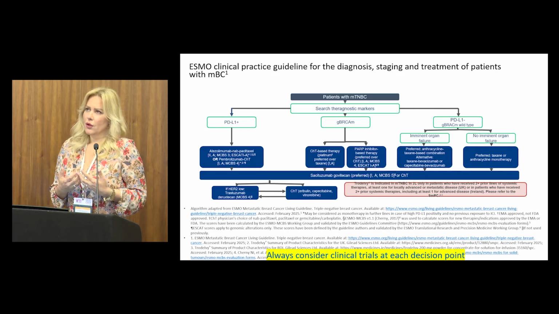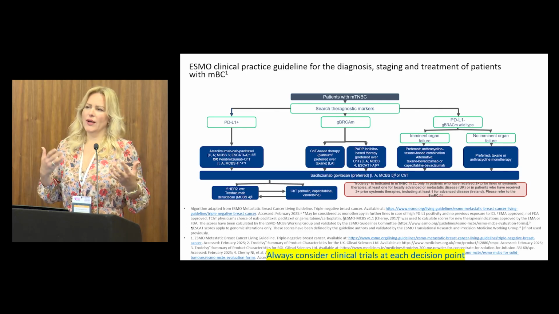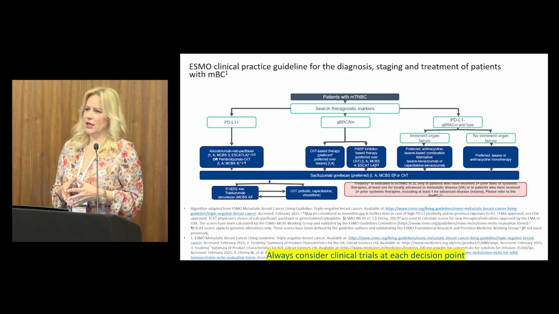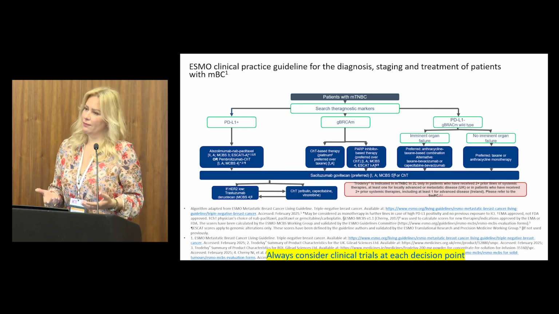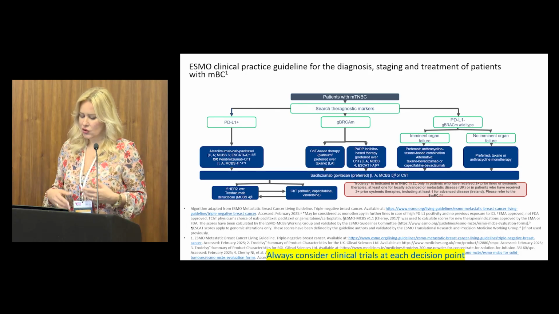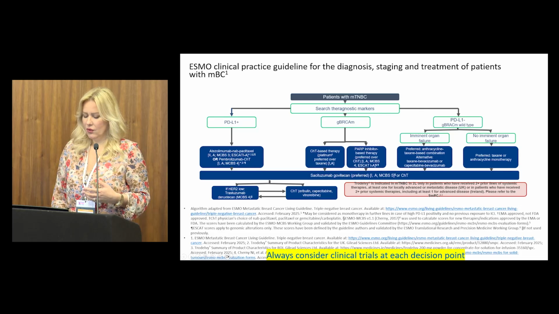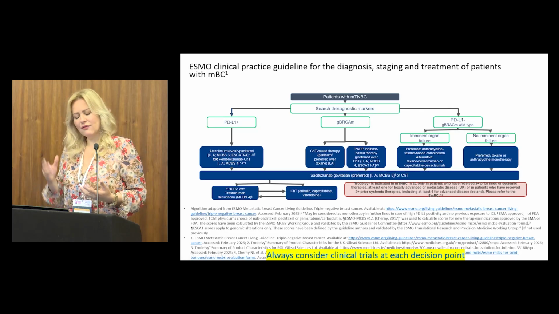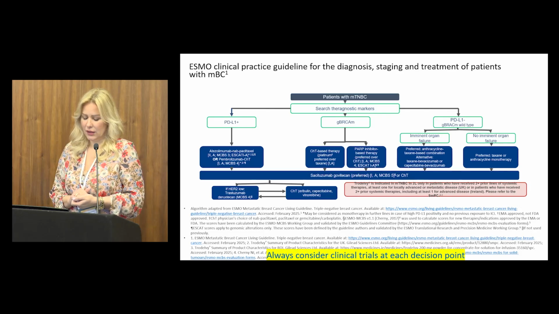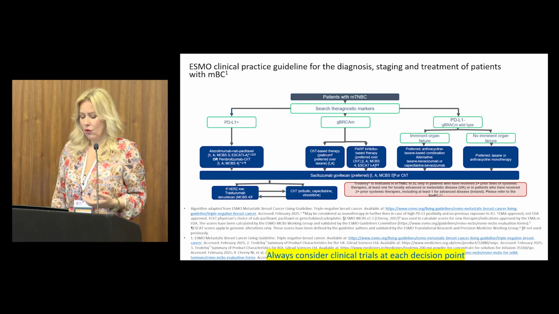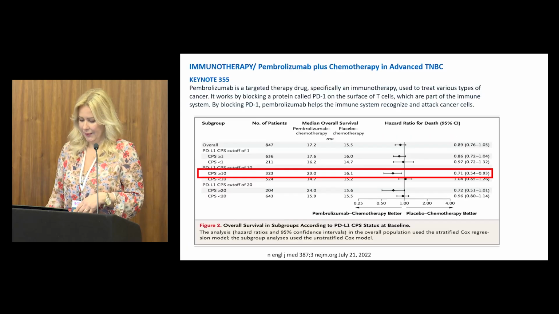So we have an algorithm of how we're going to treat our patients. And of course, the decision is always based on how well a patient is, how keen the patient is. So different kinds of treatments, immunotherapies, based on whether they have this kind of marker that makes them eligible for immunotherapy, or whether they have a BRCA mutation. As I said, I'm going to elaborate further now.